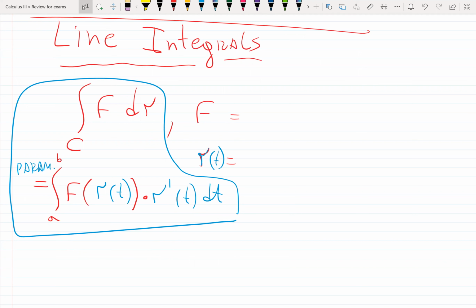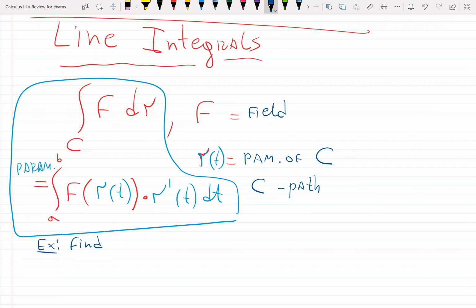So the background idea behind this, you will see it like so. For example, I will finish writing right now. Find the line integral of the field, where r is a parameterization of C, where C is your path or curve.